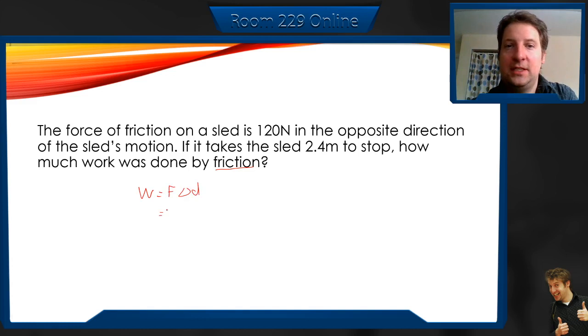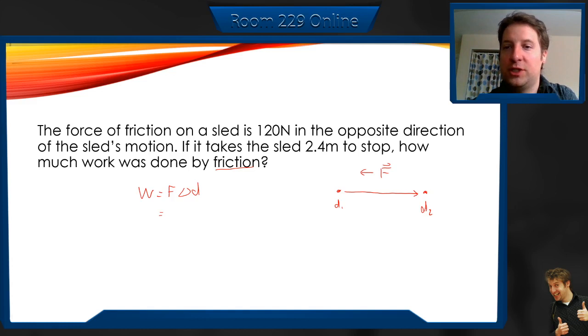But let's think about what this thing is doing. It's going from, let's call this position 1, D1, to position D2. So it moved from here to here. Now the force, which direction is the force acting? The force is acting in the opposite direction to its motion.